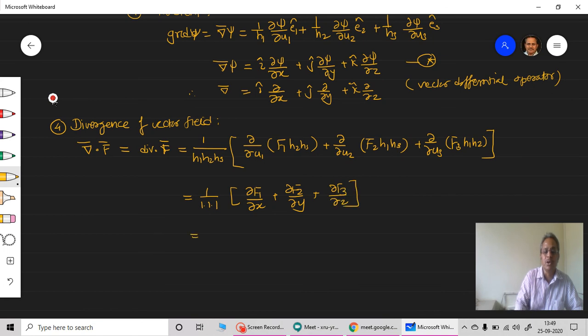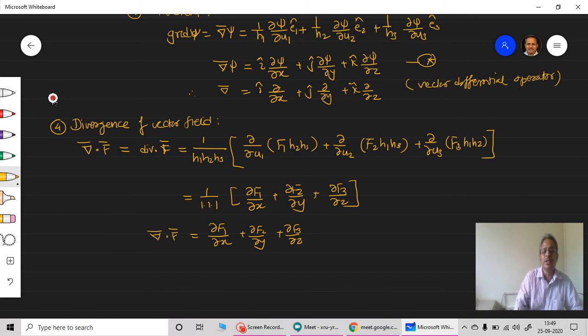So in short, the divergence of f in the Cartesian coordinate system is a very simple expression. We have seen this several times last year: del f1 upon del x plus del f2 upon del y plus del f3 upon del z.